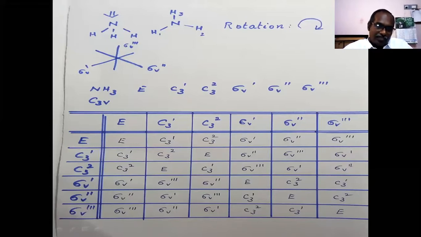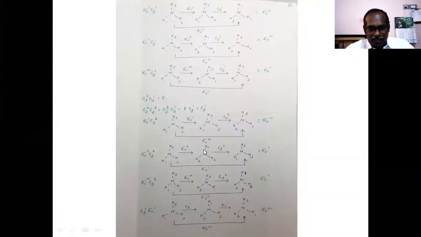Therefore, we have made our own rule that the column operation has to be performed first and then the row operation.